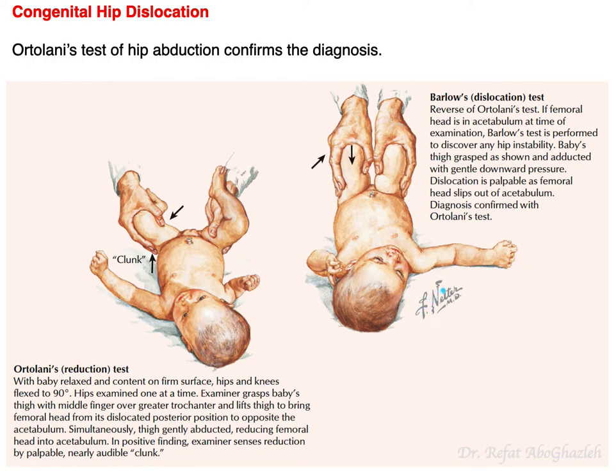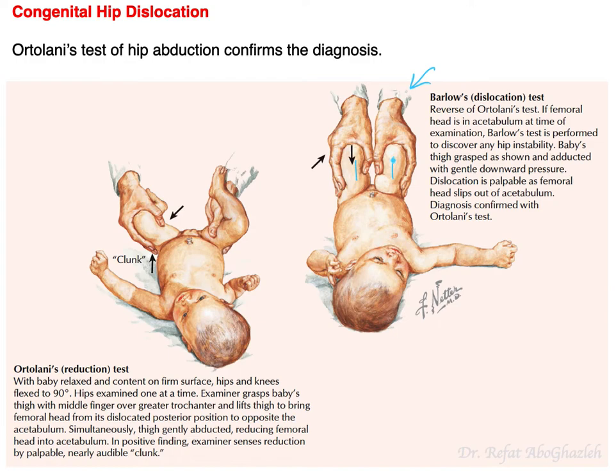So there are two maneuvers or tests that can be done to test any deformity or weakness in the hip joint. The first test is known as Barlow's test or dislocation test, in which the knees are flexed and the thighs are adducted close to each other, as you see.